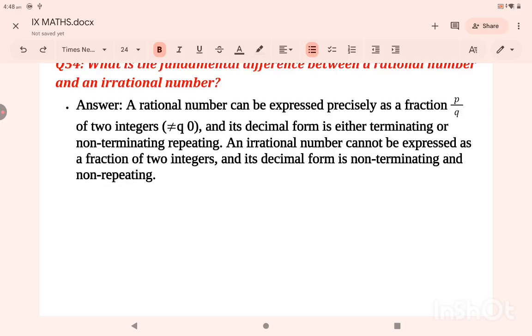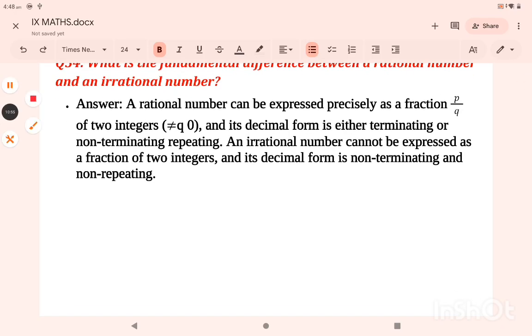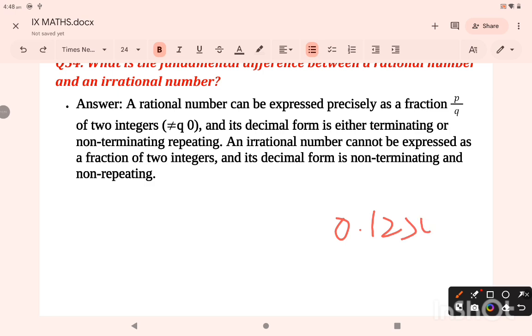For example, 0.1234507 and so on. This is non-terminating, non-recurring. This is irrational. Suppose 0.5 is a terminating decimal. This can be expressed in the form of p by q.